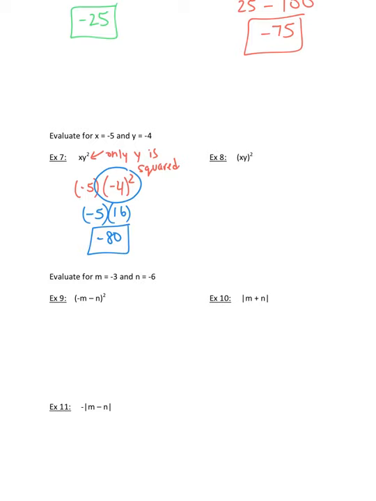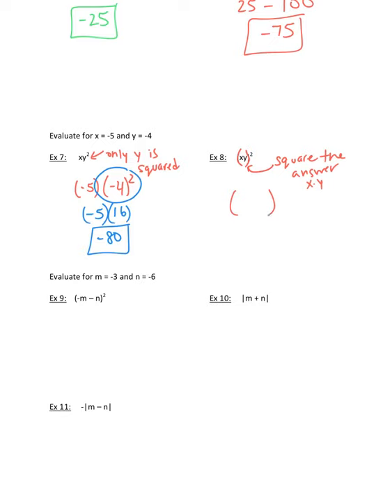Now if you look at example 8, which is right next to example 7, I purposely made it look very similar. It says xy squared also, but this time the squared is around the whole set of parentheses. So here we're squaring the product. We're squaring x times y. We're going to square the answer when you multiply x times y.